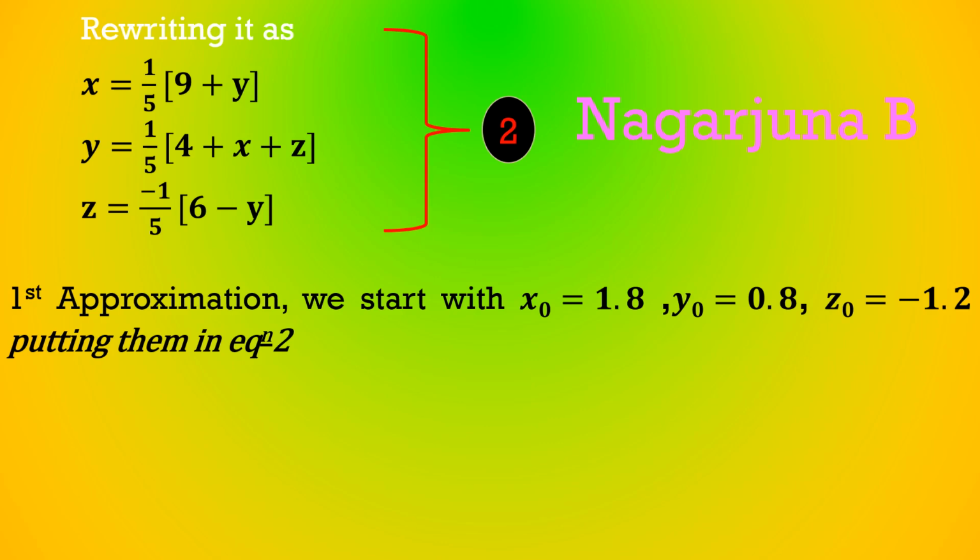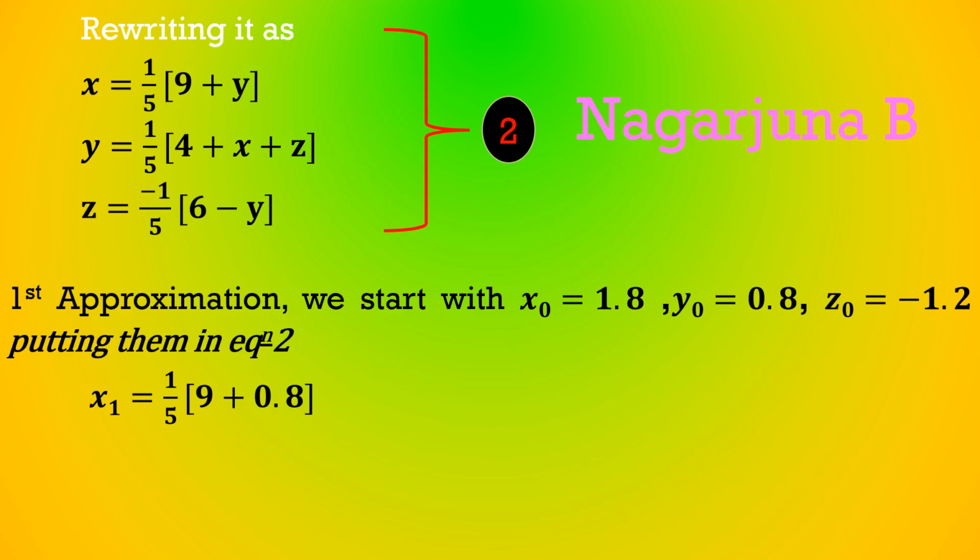So first, x1 is equal to 1 divided by 5 into 9 plus y, which is 0.8. So 9 plus 0.8. While calculating in the calculator, you can write, open the bracket, 9 plus 0.8, close the bracket, divided by 5, because the multiplication by 1 will be the same, for that purpose just divided by 5.